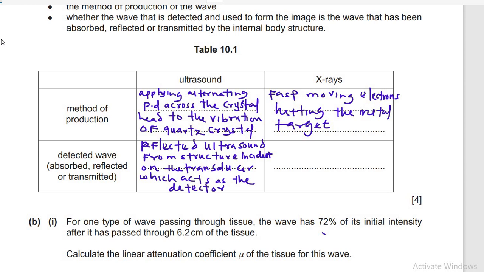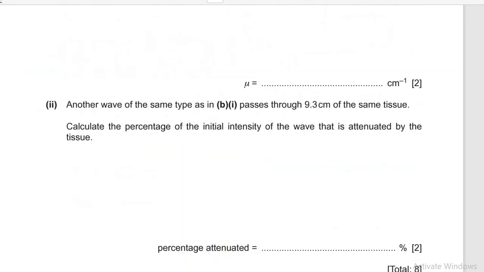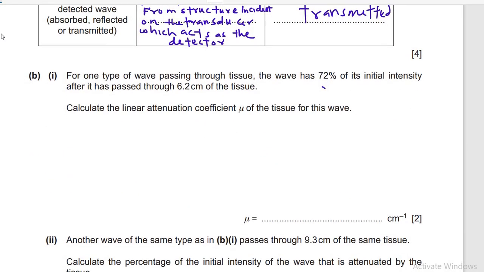I'm going to teach this topic very soon. They are just asking us to summarize it. For X-rays, the wave is detected after being absorbed, reflected, and transmitted. For X-ray, it's transmitted. We don't have time to talk much about it. I'm dropping the topic soon. That's it.